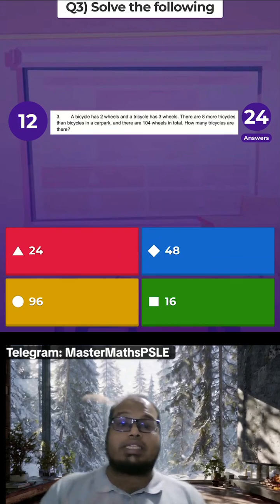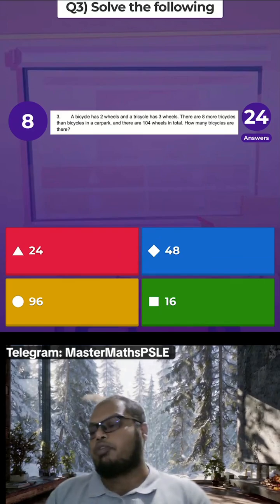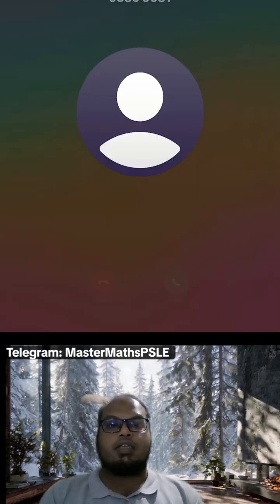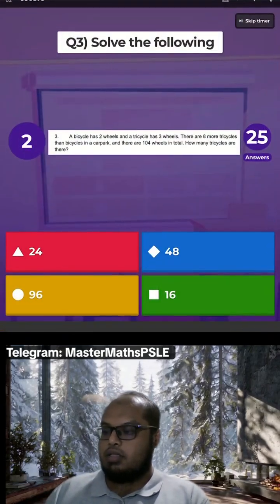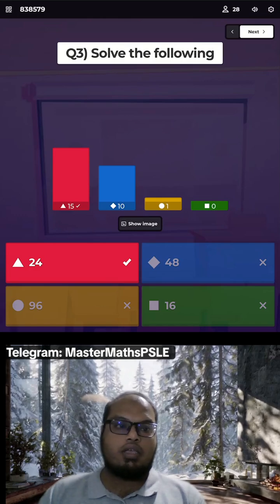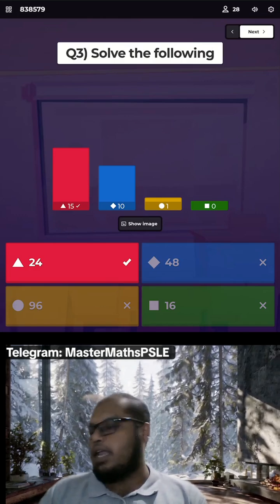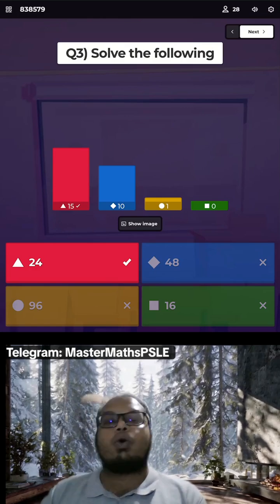When it's equal, it's like the previous question already, easier to solve. Alright, so yes, the answer is 24.